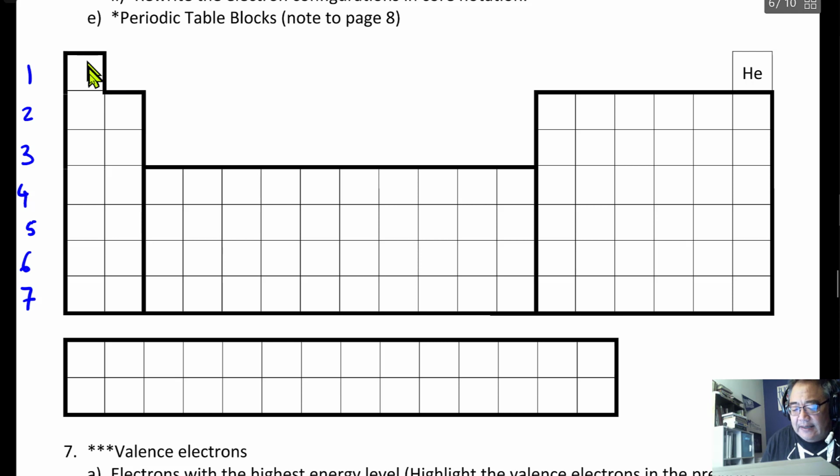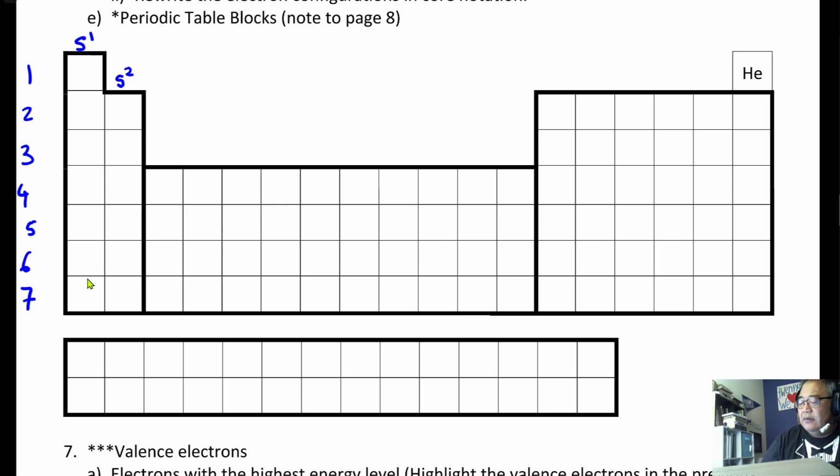And anything in this column is going to have the end of its electron configuration as S1. Then I'll do examples based off this periodic table position, right? This is the second column, and you're adding 1 more electron. Think about it. If you're here, you have 3 electrons, and here you have 4 electrons. Well, this is going to be S2 like that.